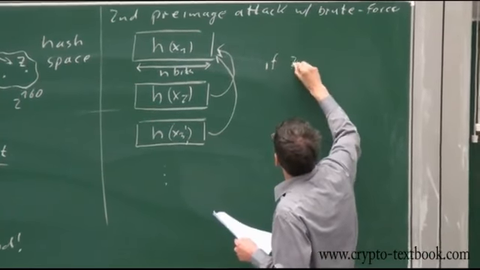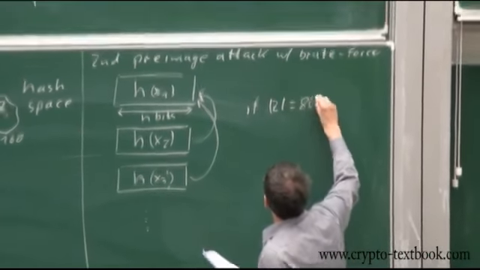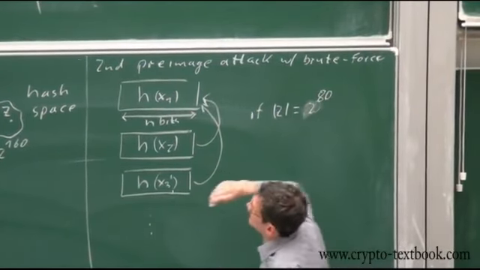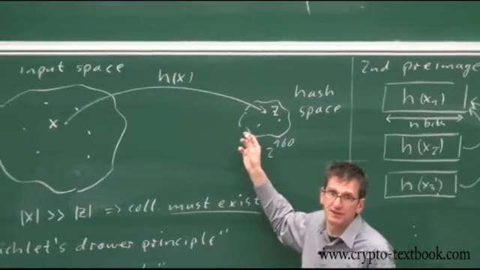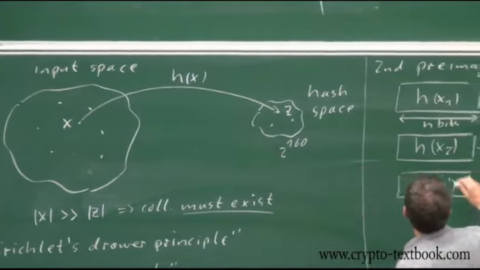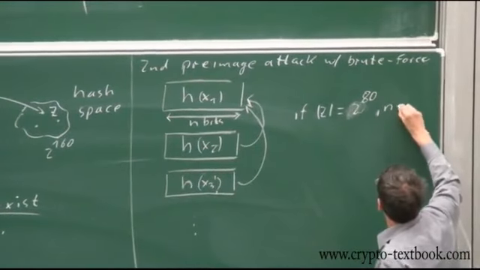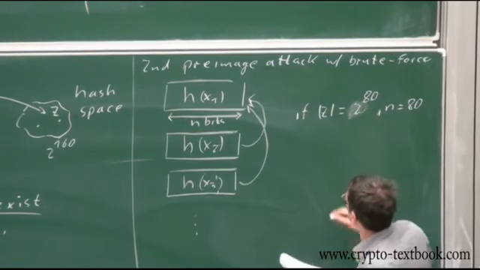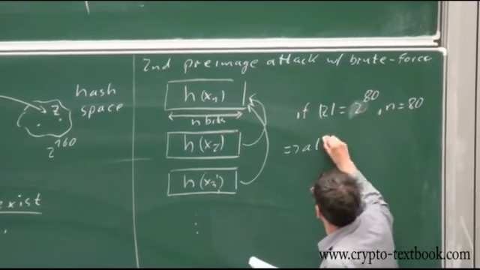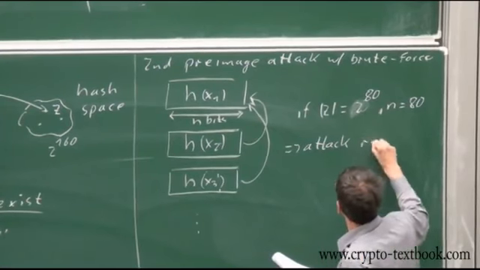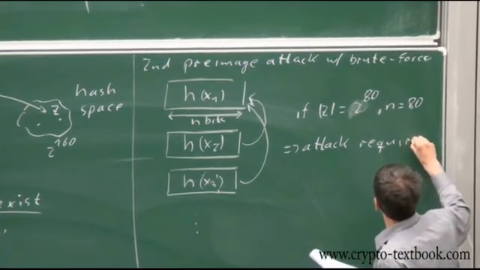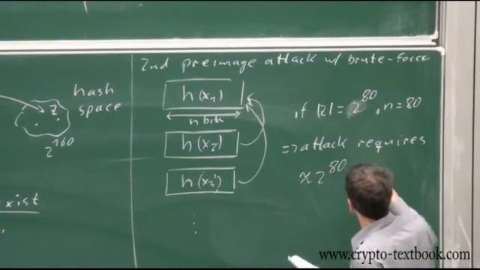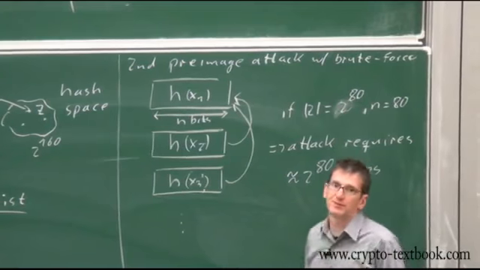If, let's say, the cardinality is 80 bits, not 160, that means this is an 80-bit output here, then the attack requires 2 to the 80 steps.